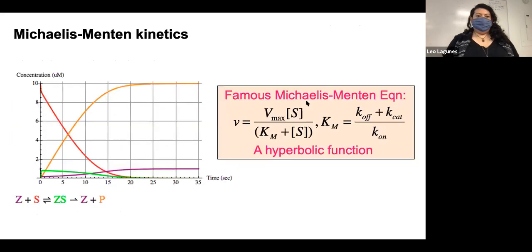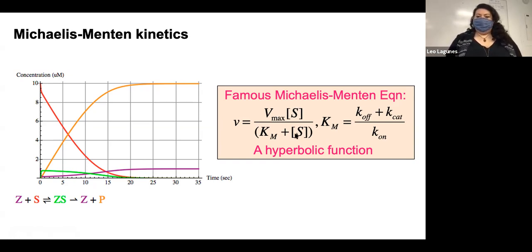All right, so you saw some interesting plots that could look something like this. This one in particular started with 10 molar for the substrate. And this essentially brings us to the famous Michaelis-Menten equation, which a lot of you might already be familiar with, which is a hyperbolic function.